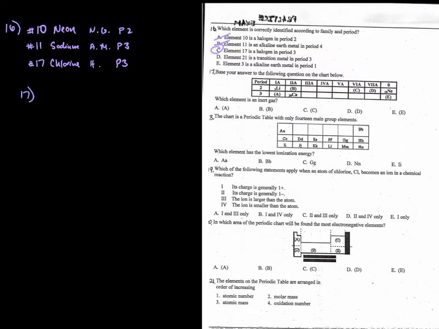Alright, number 17. Base your answer to the following question on the chart below. So we're looking at this chart. Which element is an inert gas? So inert gas meaning it's stable, which means we're looking at noble gases, group 18. It's in group 18.